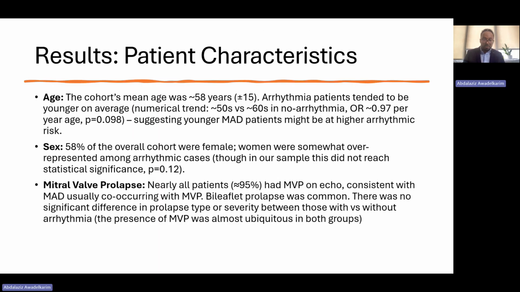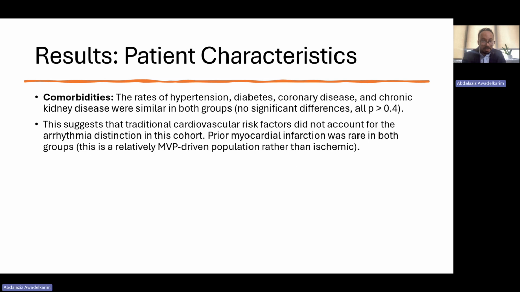So the results. The mean age of the cohort was 58. Arrhythmia patients tend to be younger, and that was not statistically significant, but there was a trend of younger age for the people who developed arrhythmias. 58% were women, and 95% of patients had MVP, mitral valve prolapse.